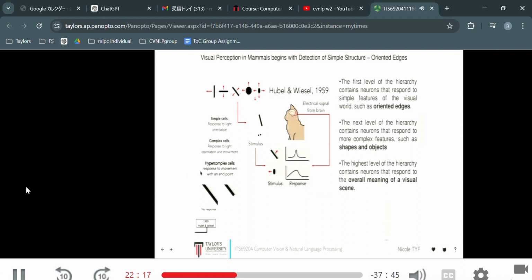So that's the 1980s, and moving into the 1990s, what people have been rethinking is how we can segment images. Segmenting images requires some grouping of pixels into parts.